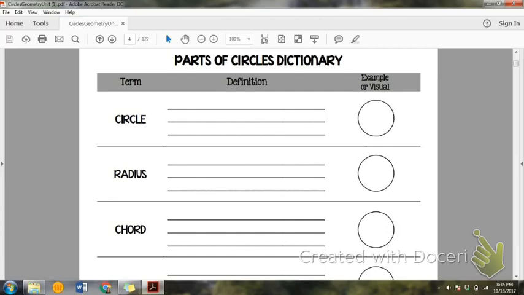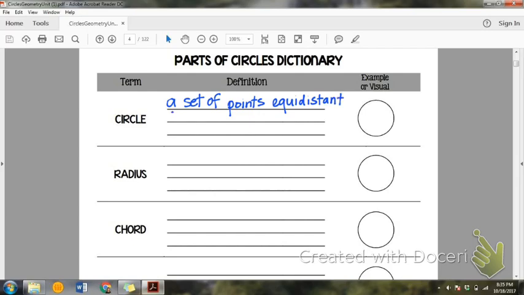So we're going to start with the definition of a circle: a set of points equidistant. Equidistant, we've talked about before, means equal distance.